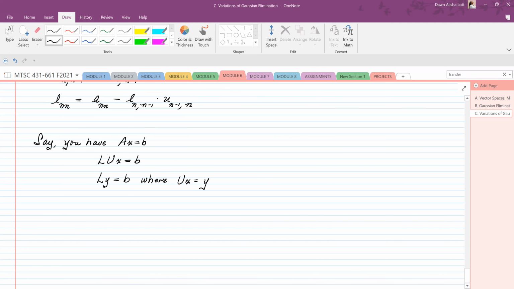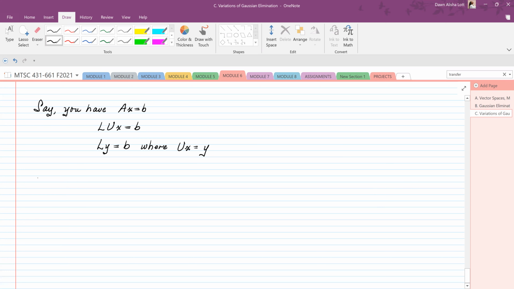Okay, so you solve Ly is equal to b. So to do that, that would be step 4, and y1 would be b1 over L11.